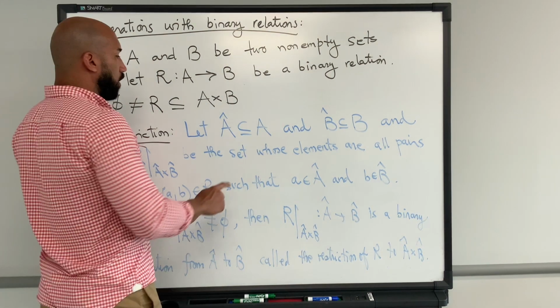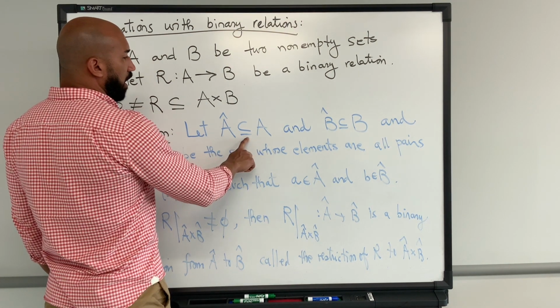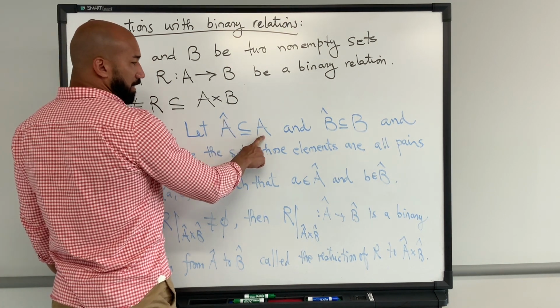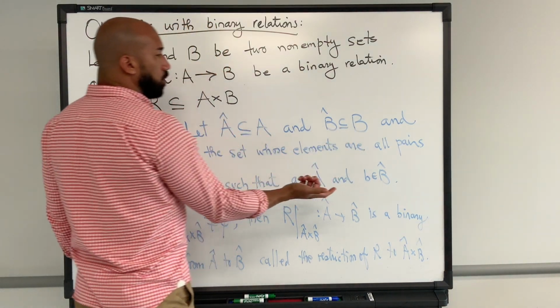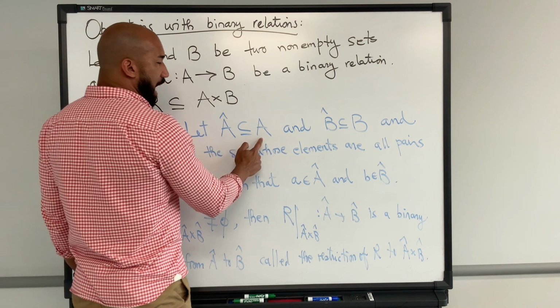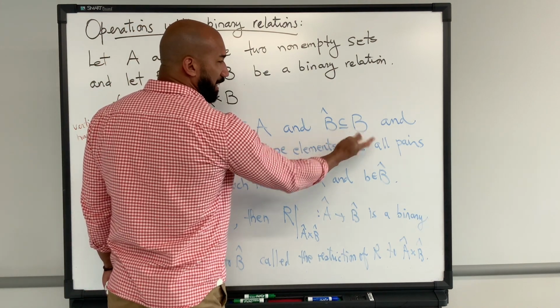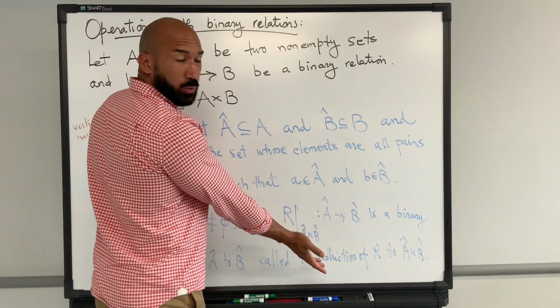Is that okay? So notice that we are including here the case in which A hat is equal to A, and also the case in which B hat is equal to B. So obviously if both A hat is equal to A and B hat is equal to B, there is not any restriction here.